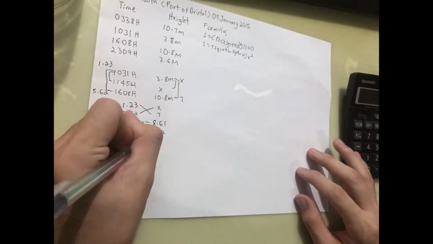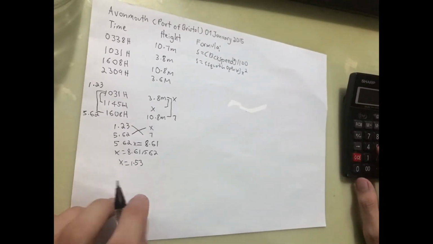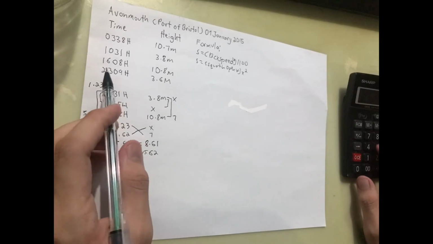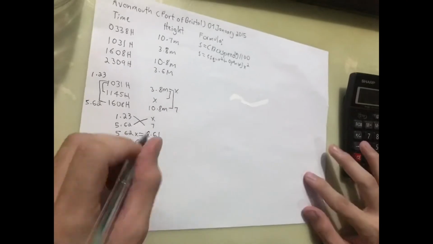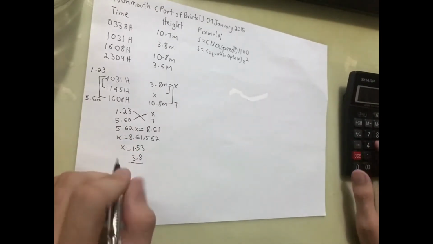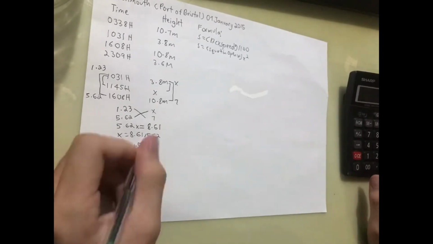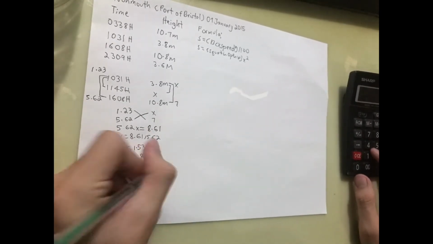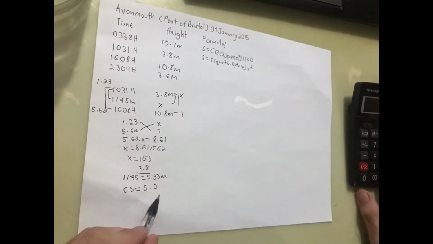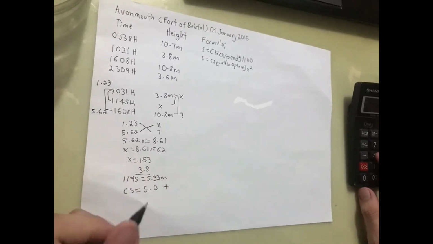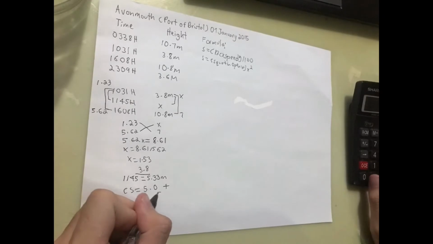Then how to get the 11:45 hour? We need to get first the meter of 10:31 hour, which is 3.8. Then we add 1.53, and 3.8 plus 1.53 is equal to 5.33 m. And then the next is in the given scenario, there is a charted sounding that contains 5.0, so our CS or charted sounding is 5.0.